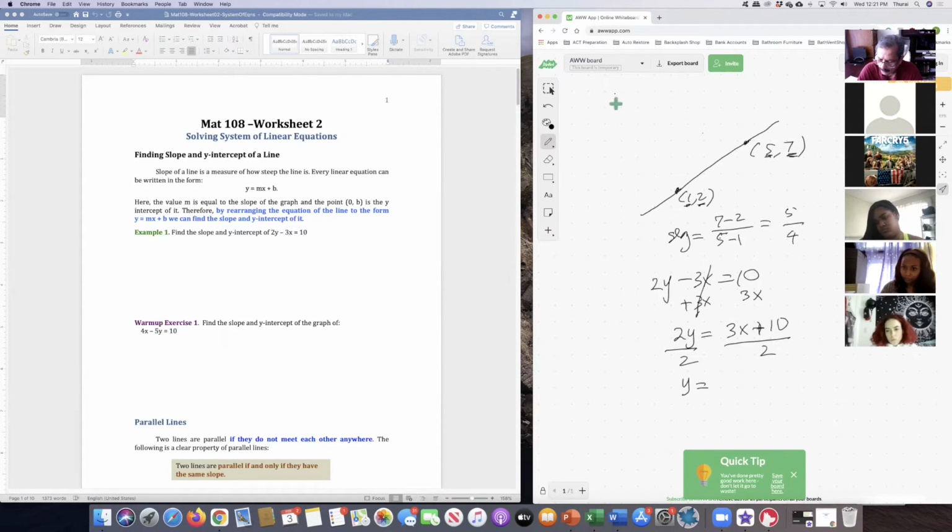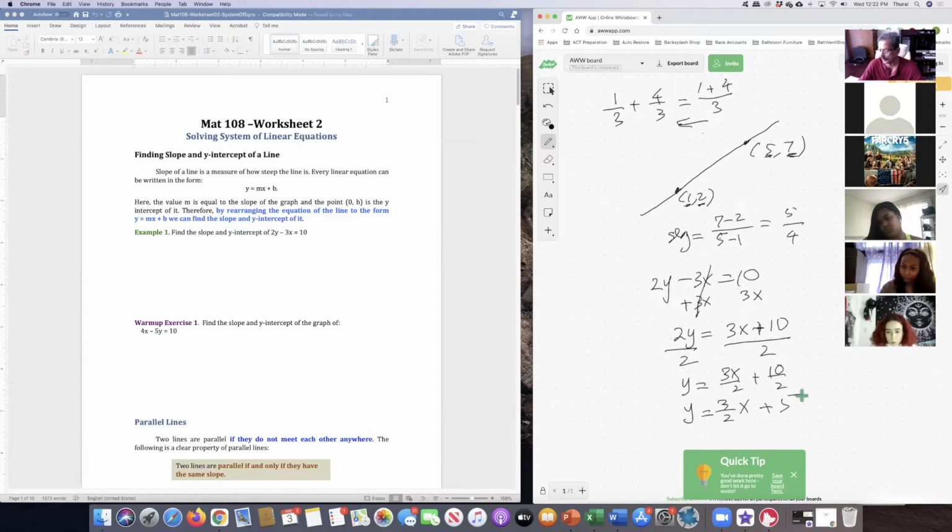If you have two fractions, 1/3 and 4/3, then 3 will become common denominator and numerator is 1 plus 4. And the same thing can be used backwards. If you have (1 plus 4)/3, it can be split into 1/3 plus 4/3. So that's what I'm doing. (3x plus 10)/2 can be written as 3x/2 plus 10/2. So 3x/2 is same as 3/2 times x, plus 10/2 is 5.